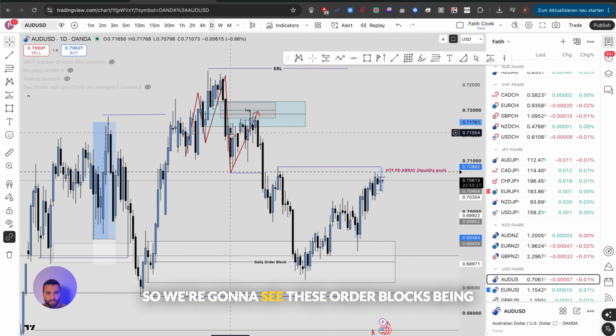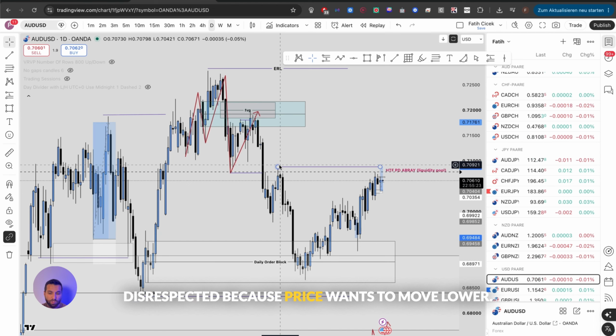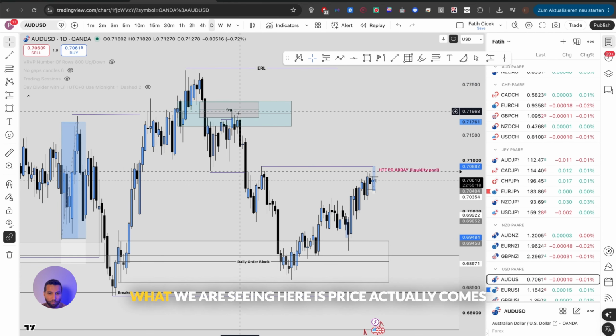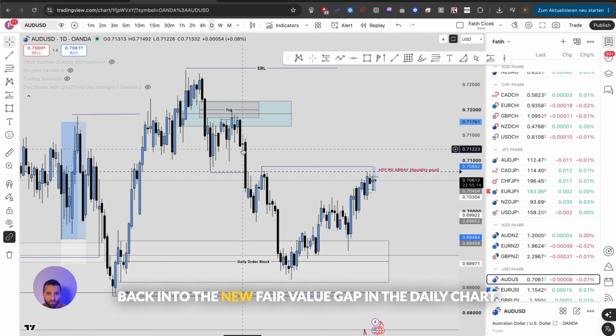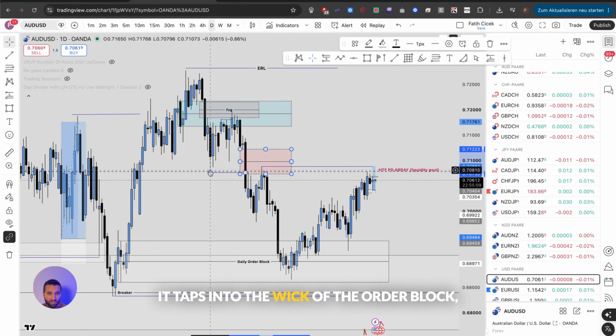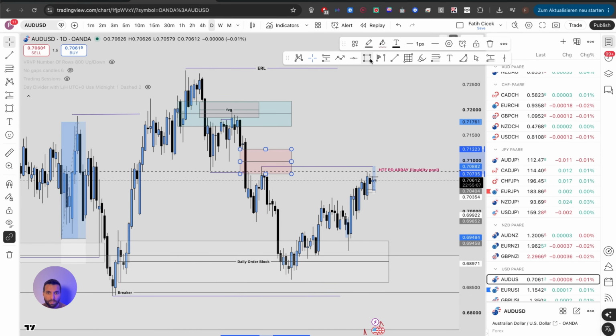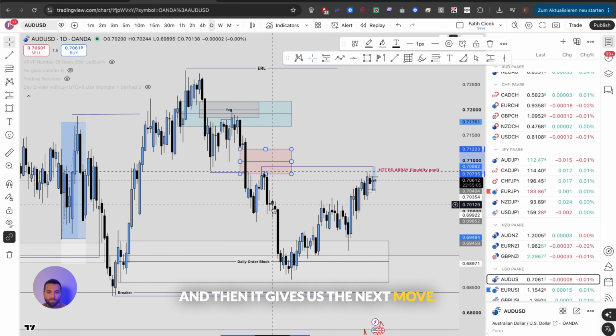So we're going to see these order blocks being disrespected because price wants to move lower. What are we seeing then here? Price actually comes back into the new fair value gap in the daily chart. It taps into the wick of the order block, and then it gives us the next move.